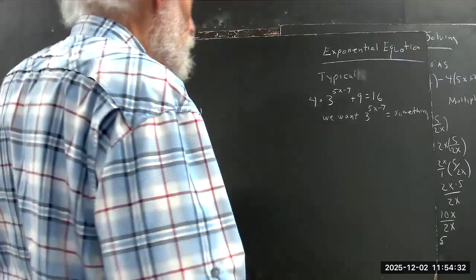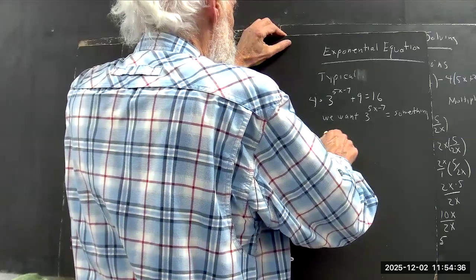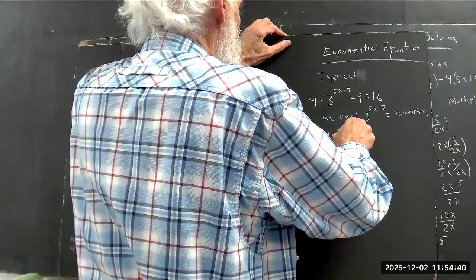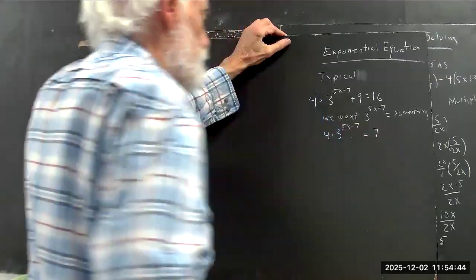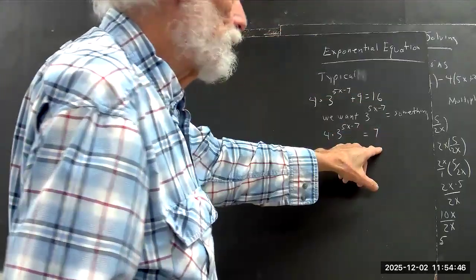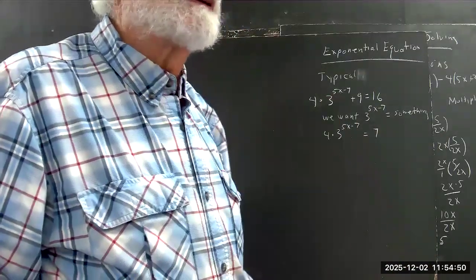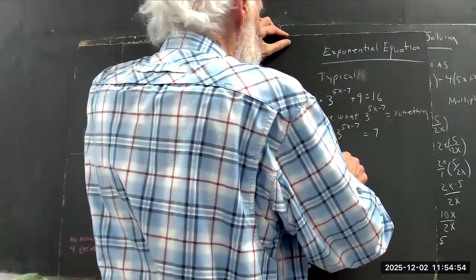Okay? And I'll just do that very quickly. We get, okay, subtract 9 from both sides, we're going to get 7. I'm not going to write out every step of the algebra, but everybody should remind themselves so you don't lose it later.